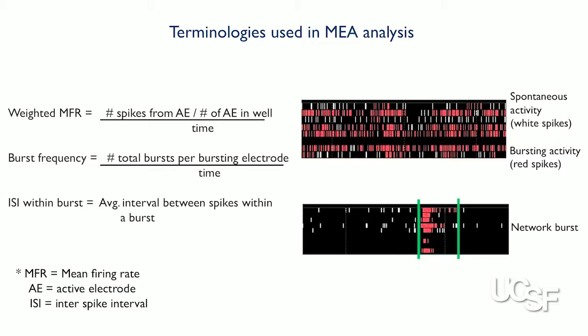So this is the plot from the recording. The white spikes are the spontaneous activities, and the red ones are the bursting activities. We can measure how often these bursting activities occur, and also how long they last, by different formulas. And the bottom shows the network bursting duration, so how often the neurons fire.